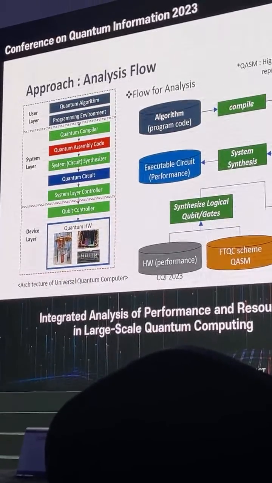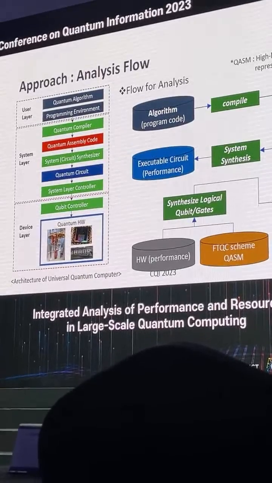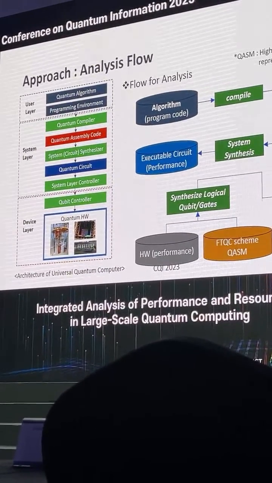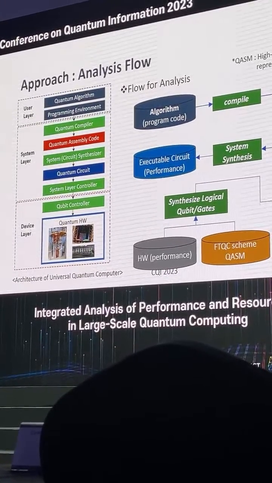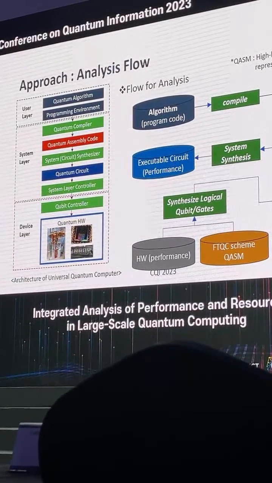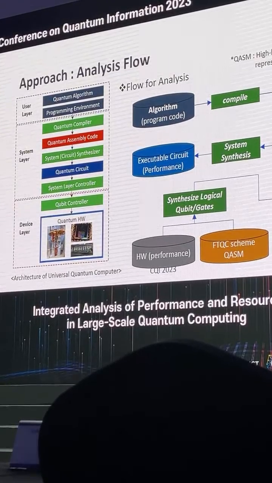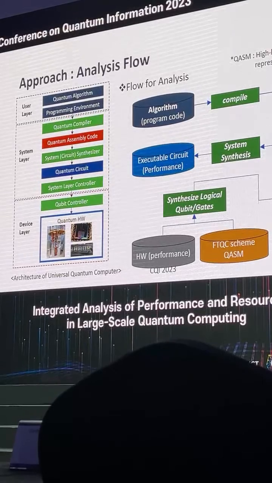And from the bottom, we make the performance and resources of logical qubits and gates by synthesizing hardware performance and error correction schemes. Then finally, we make this kind of circuit by performing system synthesis. Then we can show some data about performance.